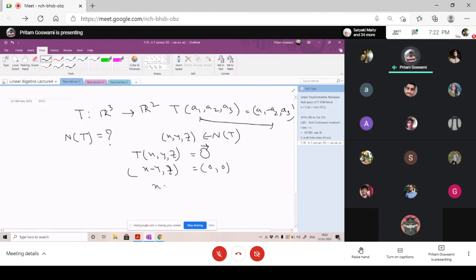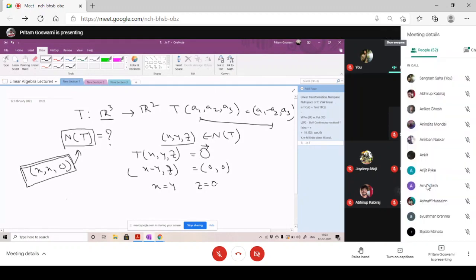So from here you will get x equals y and z equals 0. So the vector will look like (x, x, 0). All these elements from R3 belong to the null space.